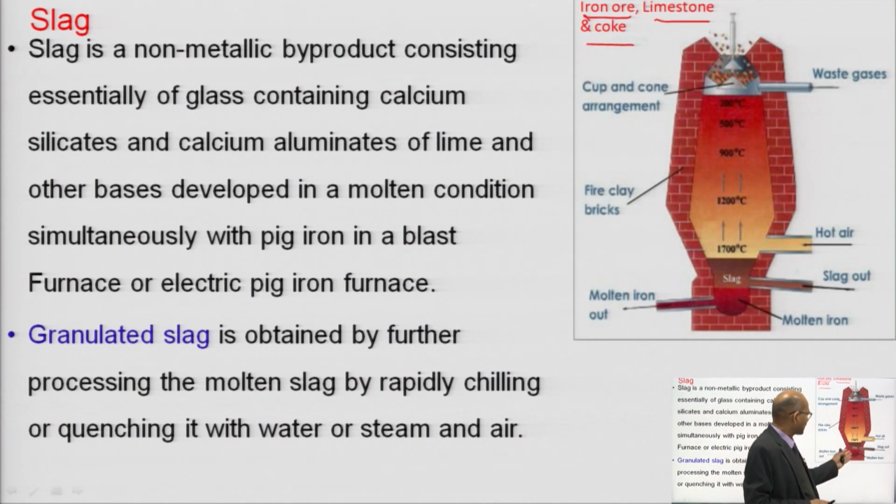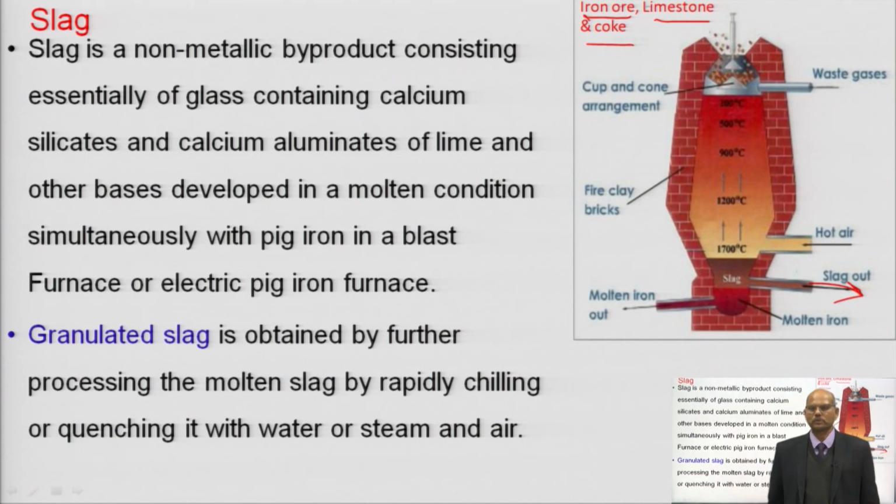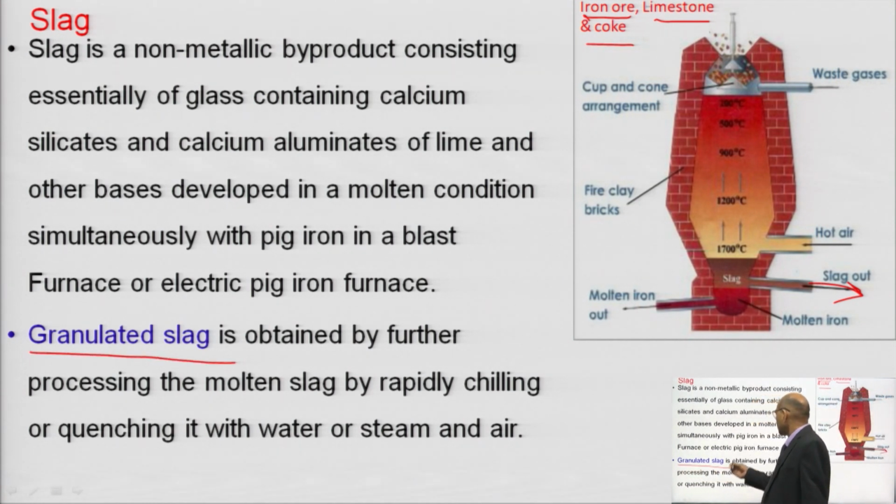That slag can be taken out from here, and this is a waste material, a byproduct in the production of iron and steel. Here we have to get the granulated slag. How will we get it?